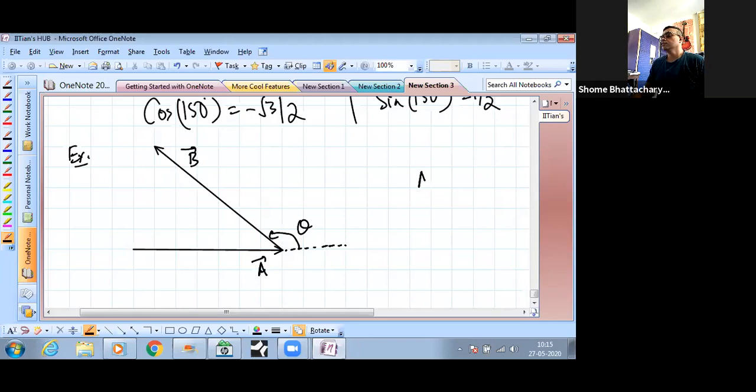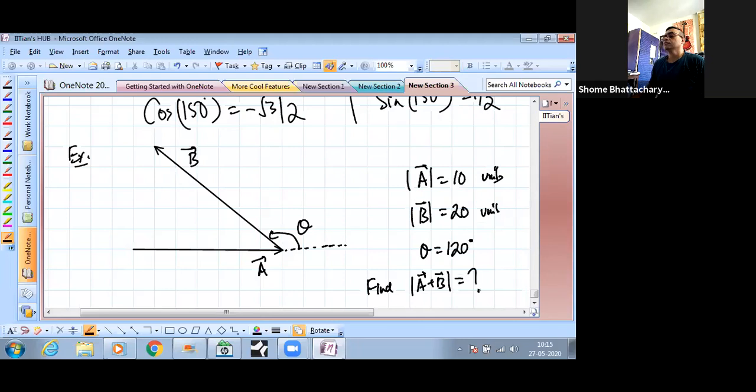Magnitude of vector A, let us say 10. Magnitude of vector B, let us say is 20. But the angle between them is, let's say, 120 degrees. So find the resultant. Just try this out using the above formula.